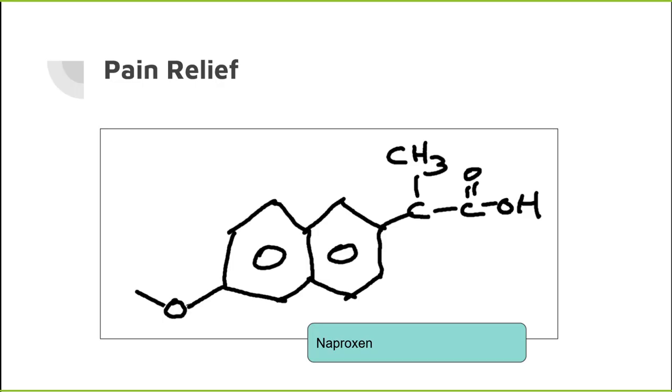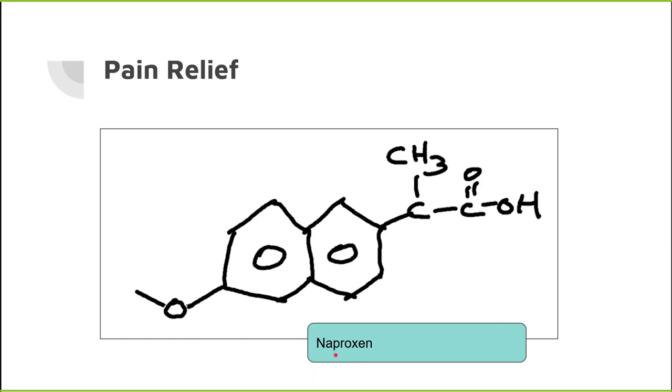All right, some real world uses of carboxylic acids. Fun, fun. Pain relief, naproxen. It's the active ingredient in Aleve for joint pain. Naproxen is particularly good at joint pain.